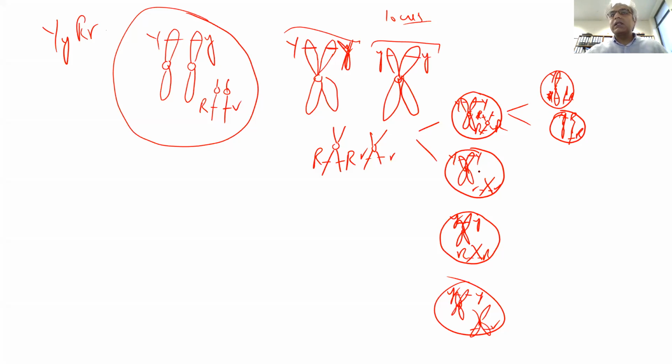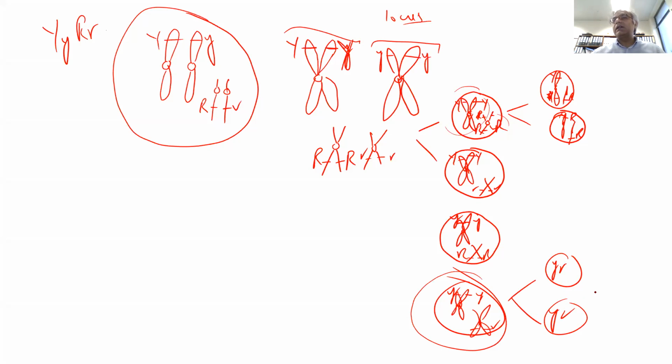And since capital Y went with capital R, its other product, the homolog of the capital Y carrying chromosome, went with small r. And the gametes will be small y r, small y r, okay?